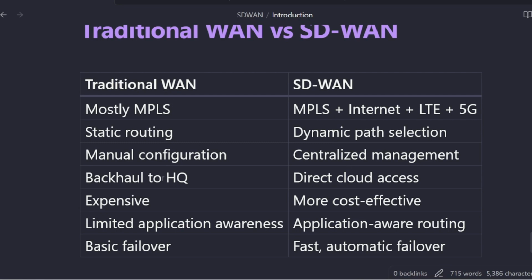In traditional WAN, there is backhaul to the headquarters: your traffic should go through the headquarters, then to the internet. Here direct cloud access is there. Traditional is very expensive. SD-WAN is more cost effective. Traditional has limited application awareness. Here we have the concept of application aware routing, as I discussed with you guys. Traditional has basic failover. Here fast automatic failover. Okay, I already told you all those things.